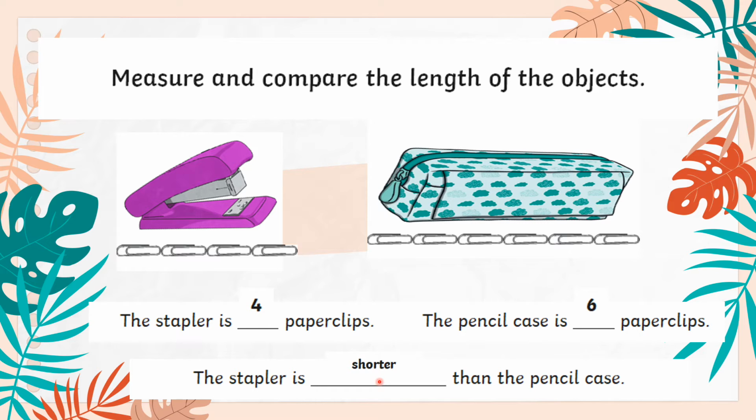It's shorter, because you see the stapler only has 4 paper clips. In contrast, the pencil case has 6 paper clips. Which number is greater? 6 is greater than 4. It means the stapler is shorter than the pencil case.